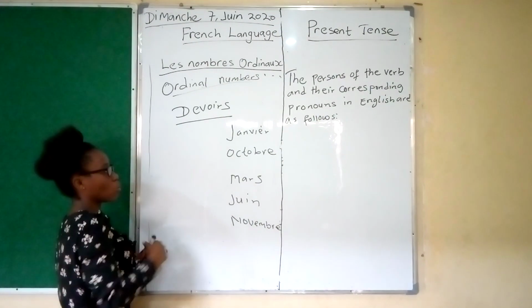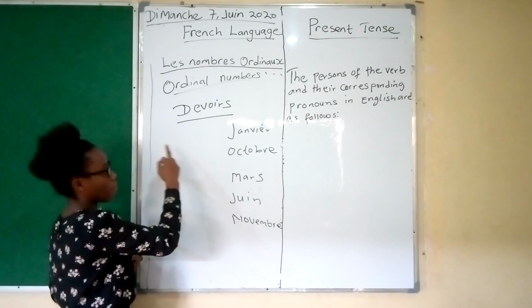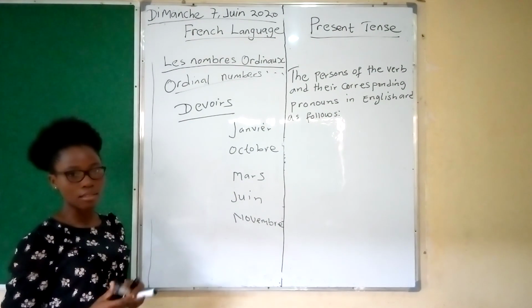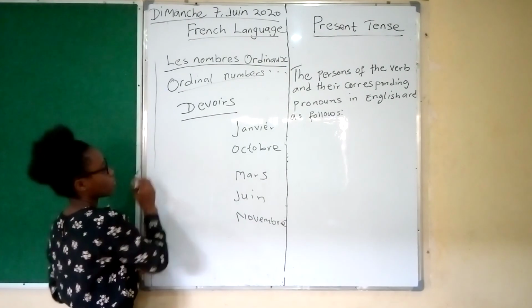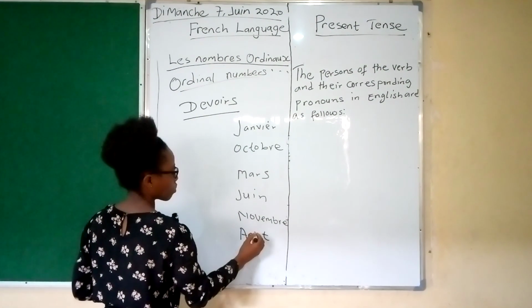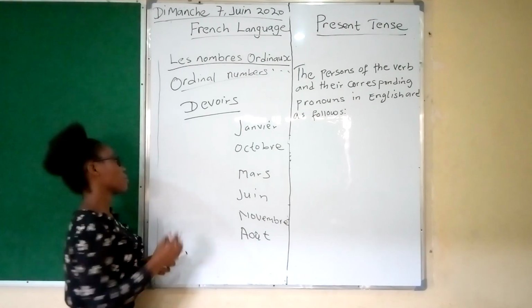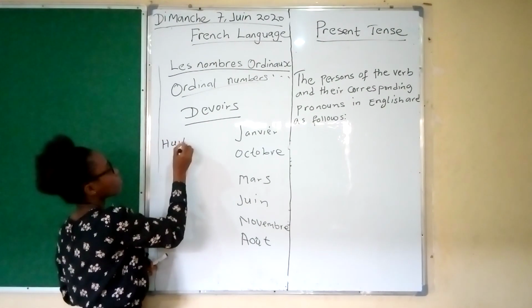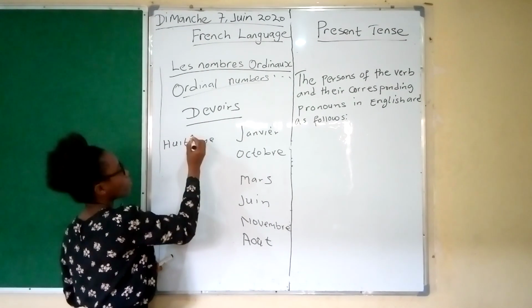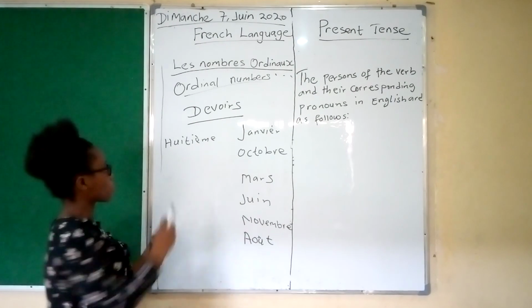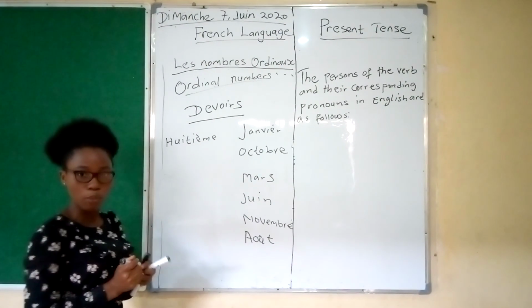Now I will list out the ordinal numbers and you match them with the corresponding months that fit. Let me add another one: août, that is August. Huitième, the eighth position.